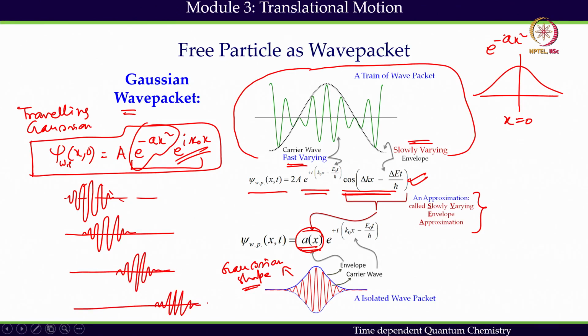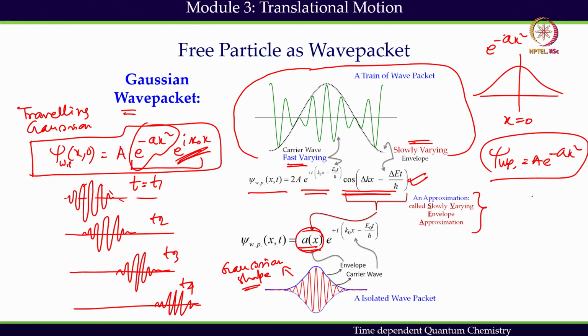So, at time t1, this is t2, this is t3, this is t4, this way it is moving. So, a traveling Gaussian has to be represented this way, and if I start with a stationary Gaussian, then I do not need the plane wave part. I can use only e to the power minus a x square. So, this functional realization is very important to begin with the analytical solution of the Gaussian wave packet dynamics.